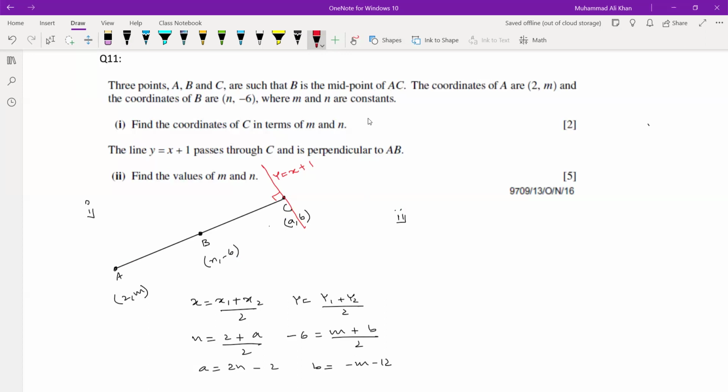And if we have to calculate two constants, then we need two equations. If the number of unknowns equals the number of equations, then we are able to calculate the values. But if the number of equations is less and the number of variables is more, we cannot calculate. Are you getting it? So we need two equations, let's see.